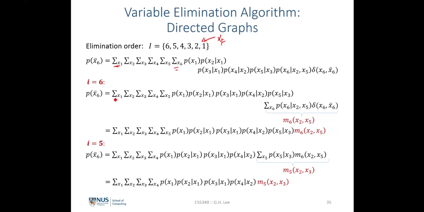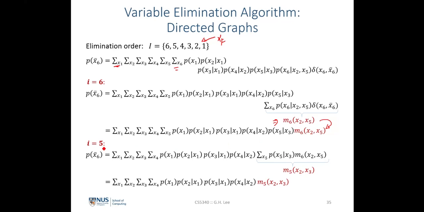And here we can see that marginalizing over X6 simply means that we can push the summation term into the factors which contain the random variable X6. Once we are done with this, we'll obtain the message M6(X2, X5), which will pass into the next step.